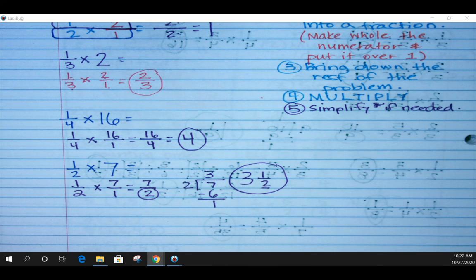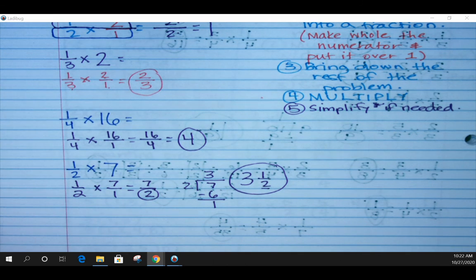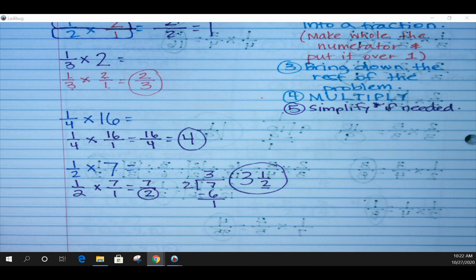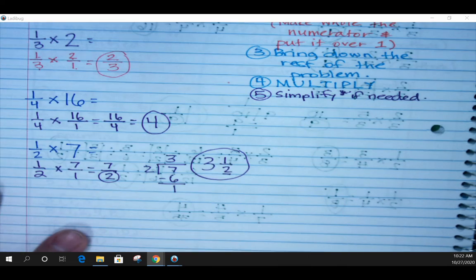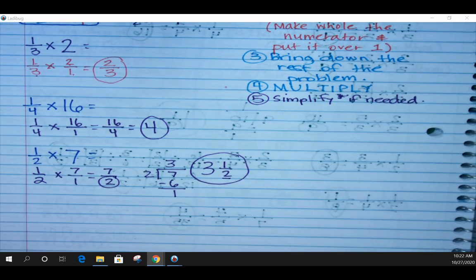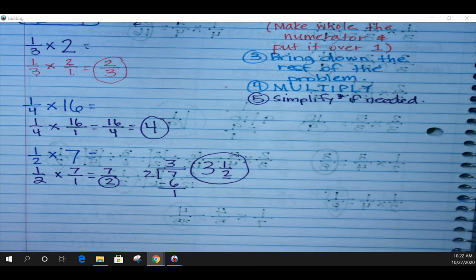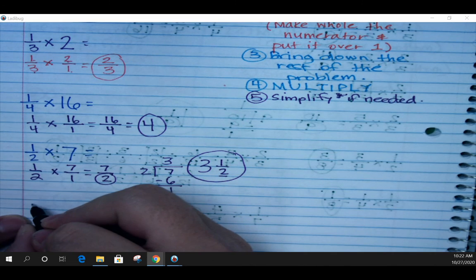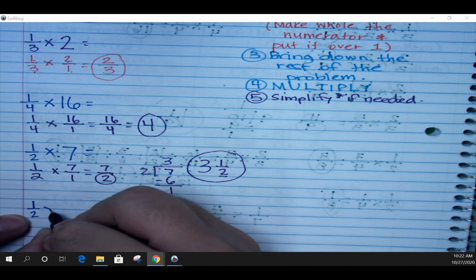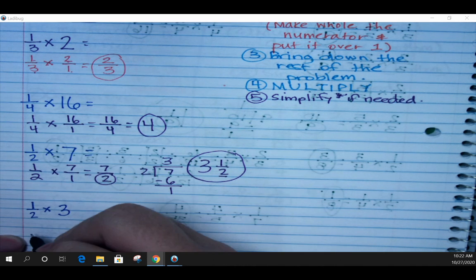I'm going to write some problems on the board for you, and then we're going to go over them together. Actually, I'll just write them right here so the people at home can see them. Just do them in your journal. Do 1/2 times 3.